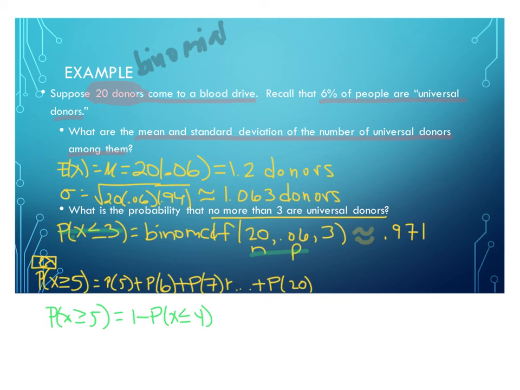So what we're going to do is 1 minus 4 or fewer. Now, binomial CDF in the graphing calculator only works for less than or equal to probabilities.